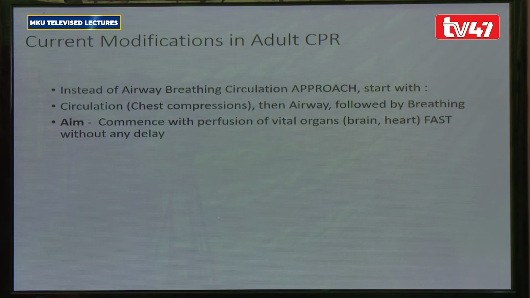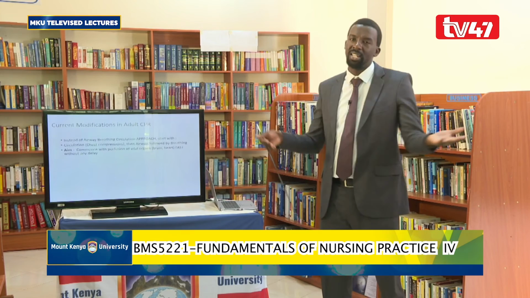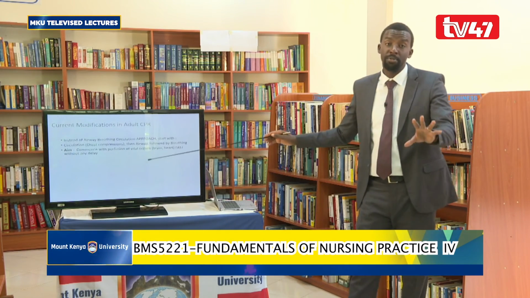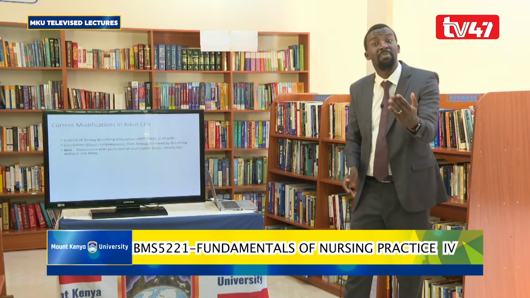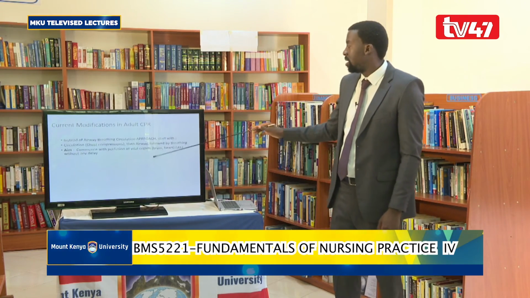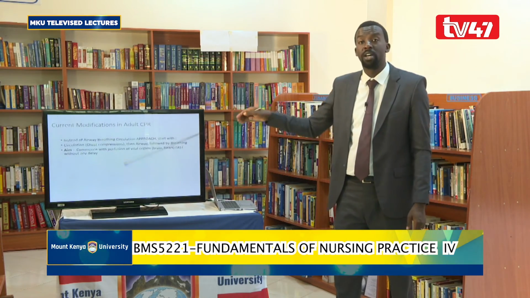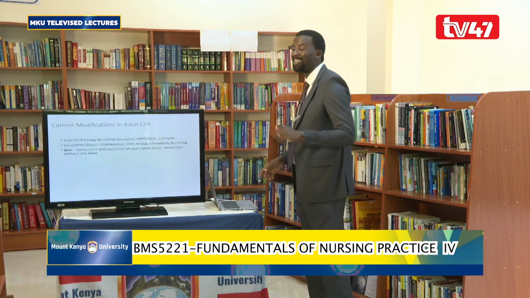Remember what you've covered in physiology and anatomy. Key organ that requires essential blood supply more than any other organ is the brain. So, it's important to ensure that the brain is perfused, to ensure that you're not resuscitating and the patient is in a vegetative state. So, first, ensure that there's perfusion to essential organs, without any delay. Very important. I feel like that should be highlighted in red.